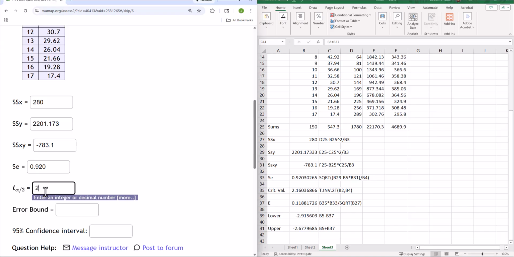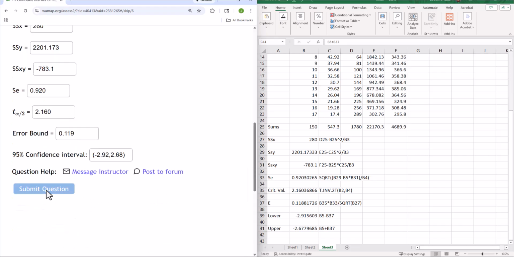Our critical value, 2.160. Our error, 0.119. And then our interval, negative 2.92. Since that 5 is going to make the 1 go up, and 2.68.